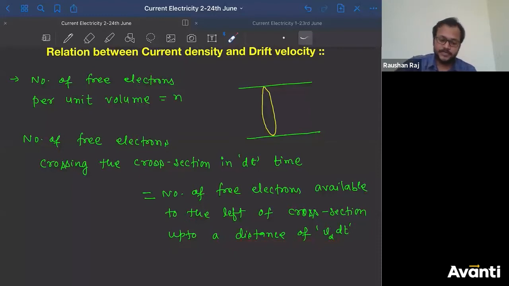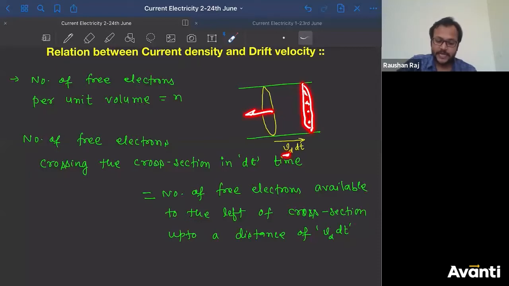All right. Because up to this, let us say this is distance Vd into t. Let me give that distance. This is, let's say, Vd into dt. So this is that distance. Can I say in time dt, if velocity is Vd, all these electrons, these are the farthest one, they will cross at the end, right?